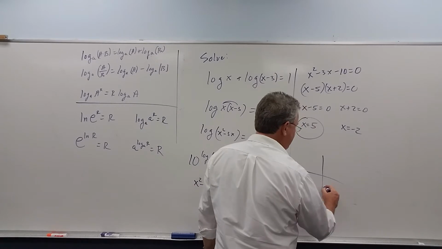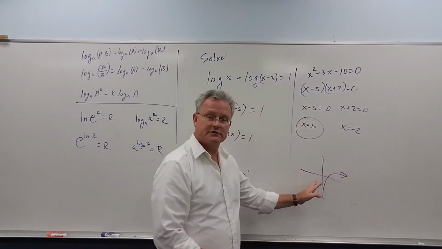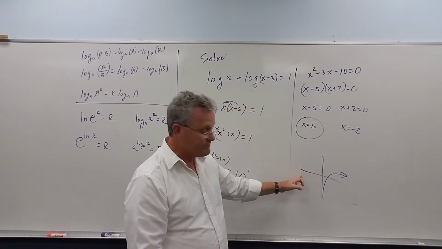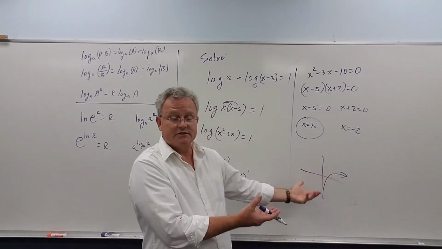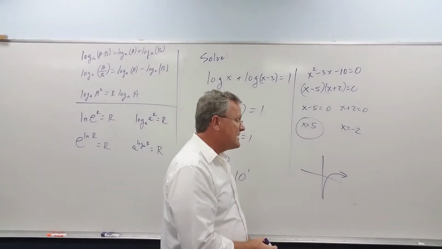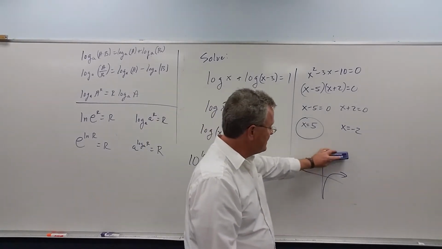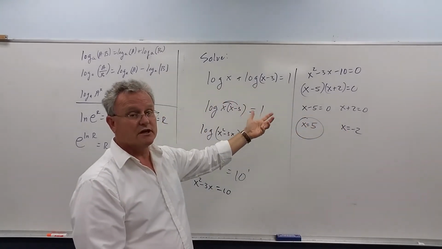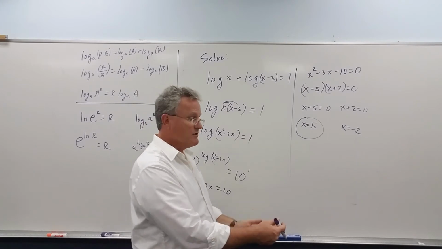If you remember in an earlier video, the graph of the log looks like this. That means I can't take the log of a negative number because the graph doesn't even exist there. So the log of a negative number does not exist. That's why you want to plug in your answers and make sure you don't get the log of a negative number.